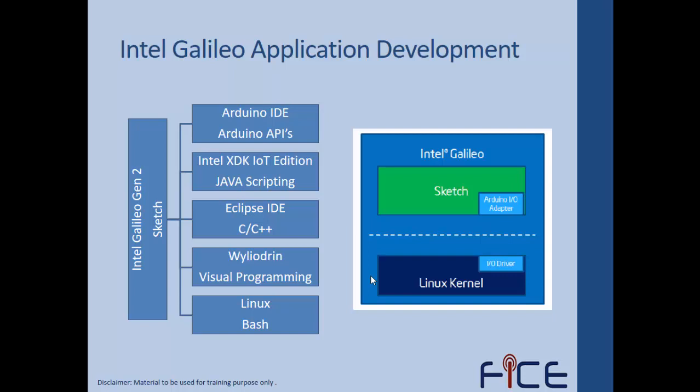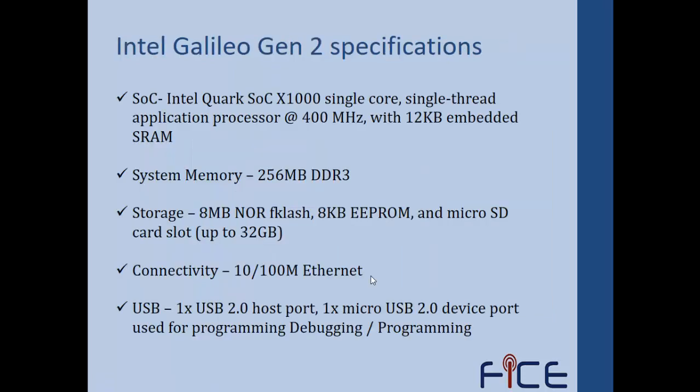We can use Intel XDK IoT Edition for JavaScript, the Eclipse IDE for C and C++, Wyliodrin for visual programming, and Linux for scripting in bash. So we can write a sketch based on Arduino IDE, XDK IoT Edition, Eclipse IDE, Wyliodrin and Linux.